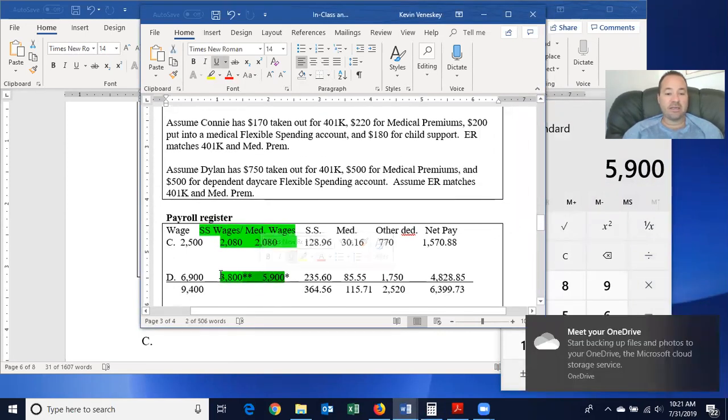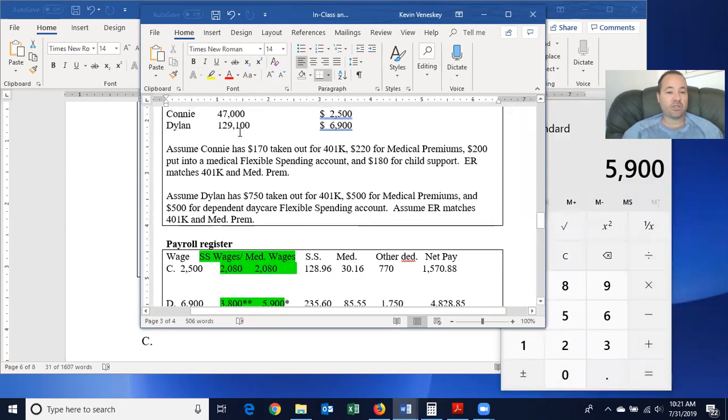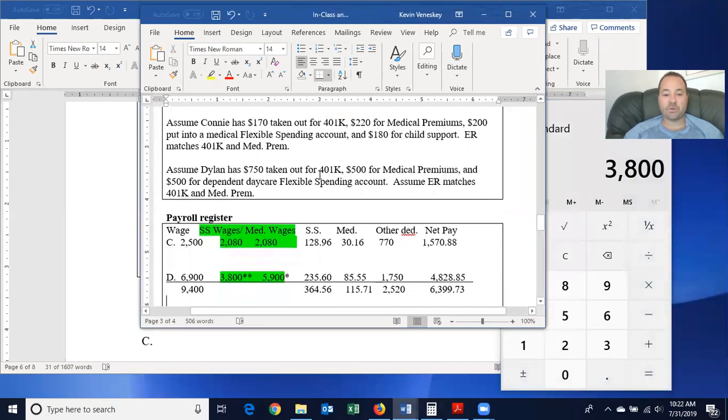But notice it's not the same for Social Security. And that's because if we took $5,900 and added it to our starting point, 5,900 plus the 129.1, that takes us over the cap. So then I want to backtrack and figure out, put the cap in minus how much are we at now. 3,800 is what's left to be taxed for Social Security.